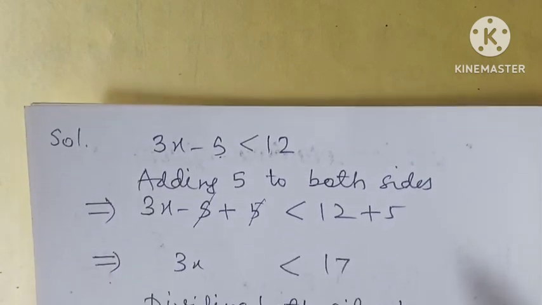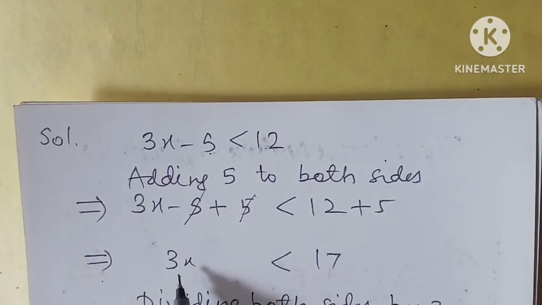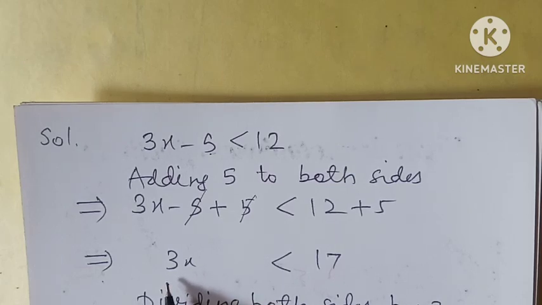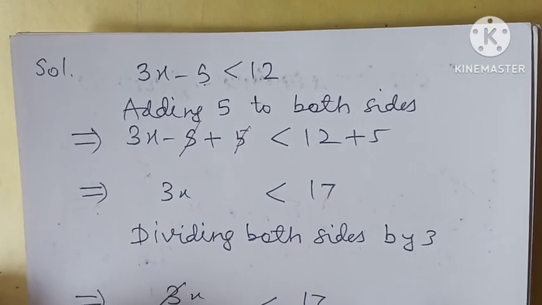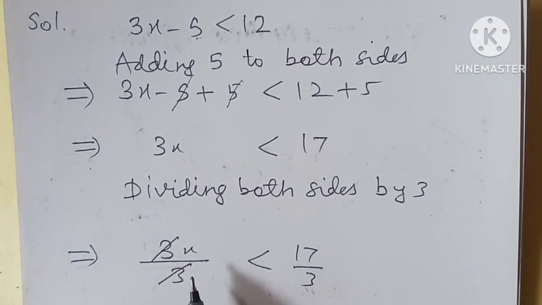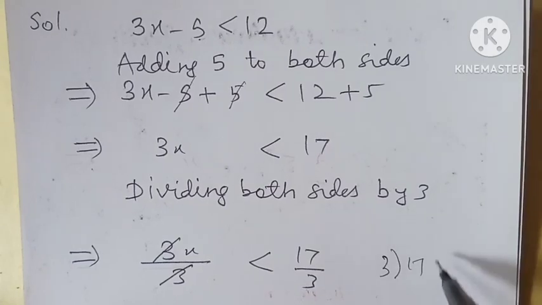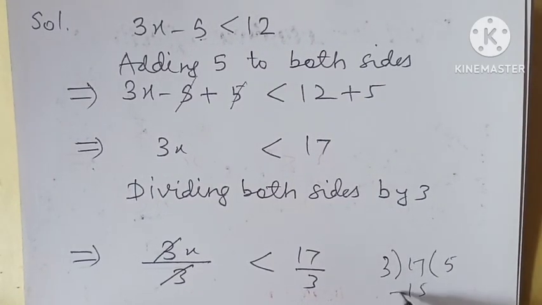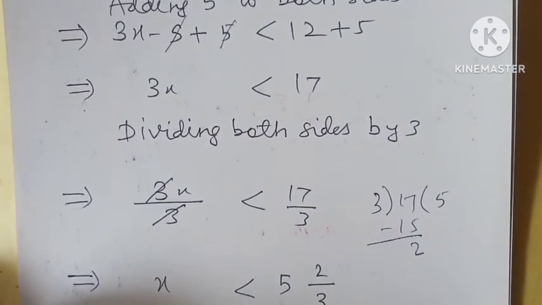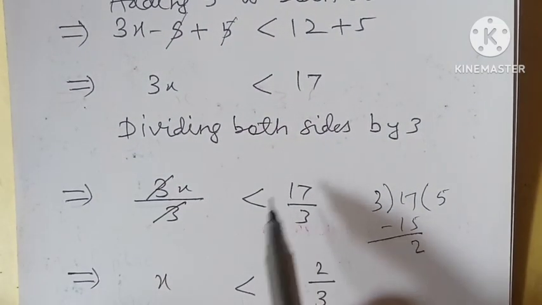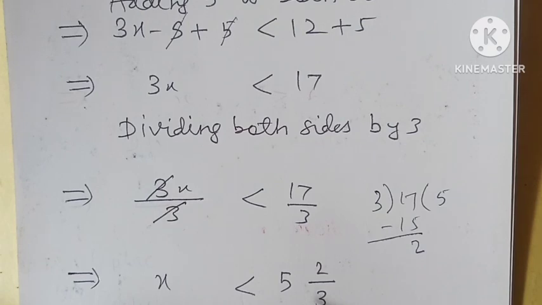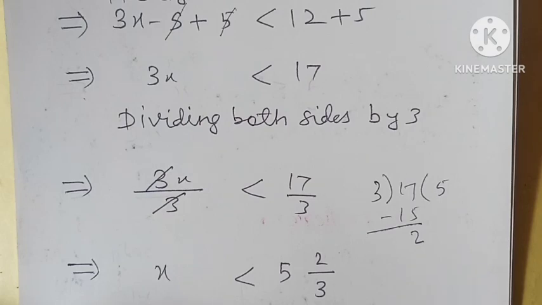So we have to find the value of x. So we have to remove 3, and for that we have to divide both sides by 3. So after division, we have x is less than 17 by 3. On dividing 17 by 3, we get quotient 5 and remainder 2. So changing this into a mixed fraction, we have x is less than 5 and 2 by 3.